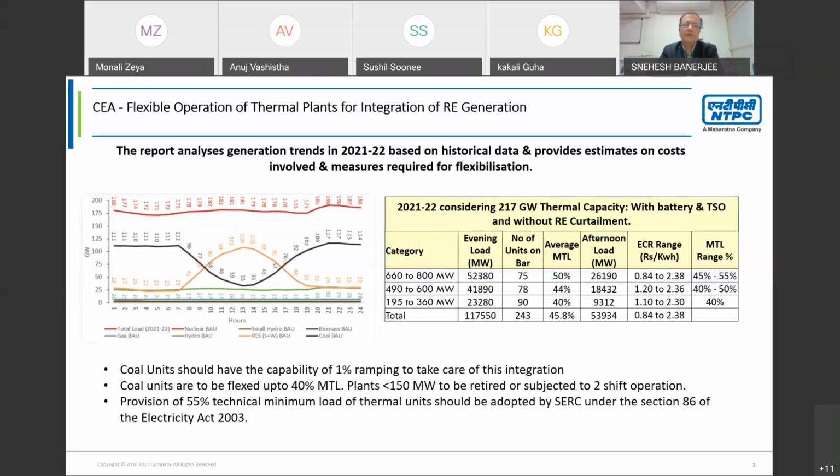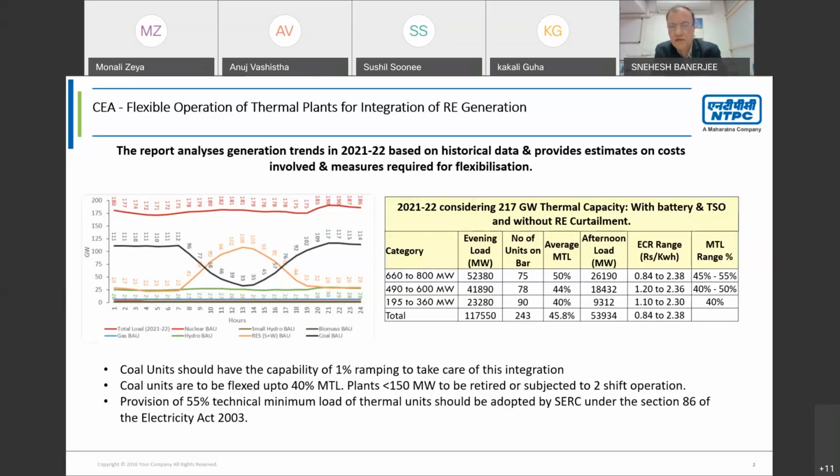That particular report also mentioned that with the available capacity of coal-based units, the larger size units, supercritical units, would be run on base load, affecting them the minimum. But the maximum flexibility will be done with the 500 megawatt or 200 megawatt units.